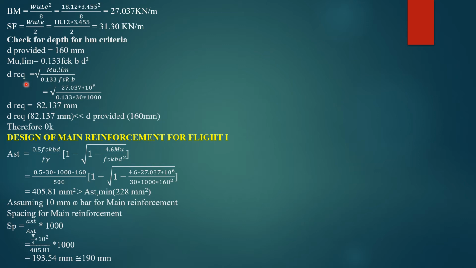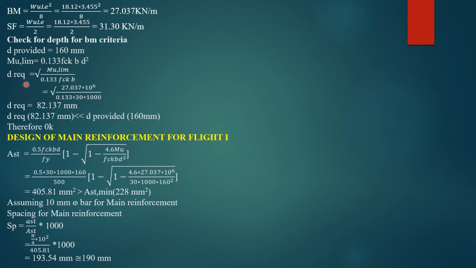D required equals the square root of MU limiting upon 0.133 FCK B. Converting MU limiting 27.037 into Newton mm, we multiply by 10 raised to 6, divided by 0.133 into 30 into 1000. So D required equals 82.137 mm. We can see that D required is lesser than D provided. Therefore, the bending moment is safe for the depth we provided.